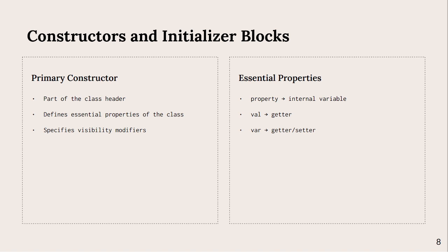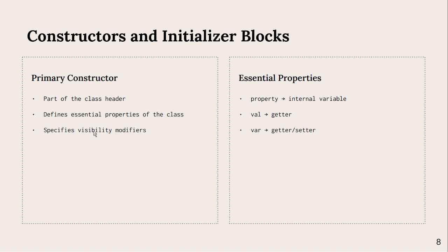Okay, so the primary constructor is part of the class header. It defines the essential properties, and we can also specify the visibility modifier.